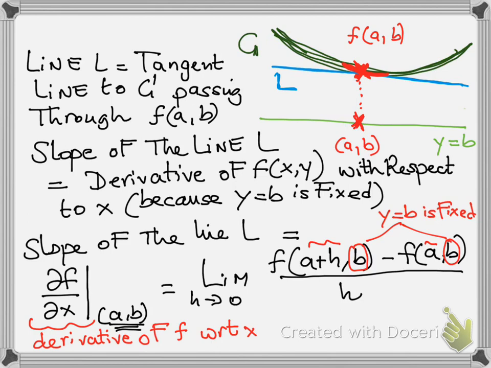Of course, you can do the same thing for the derivative of f with respect to y. Again, you have this picture here: this is x, here's z, this is y.